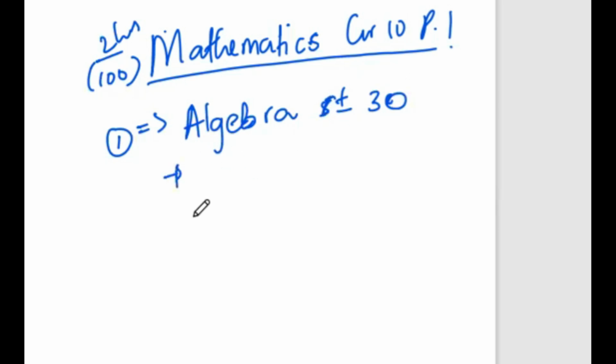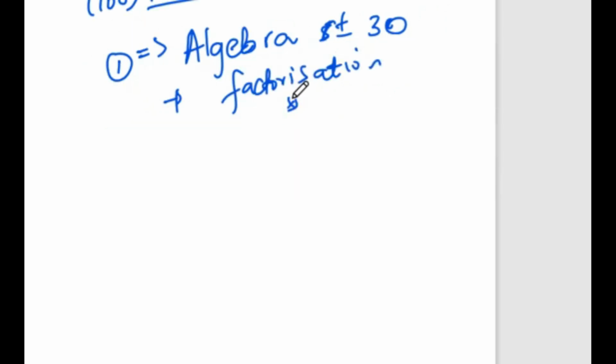Then under algebra, what do we expect? One, we expect something to do with factorization. We need to know how to do the factorization and the different methods.